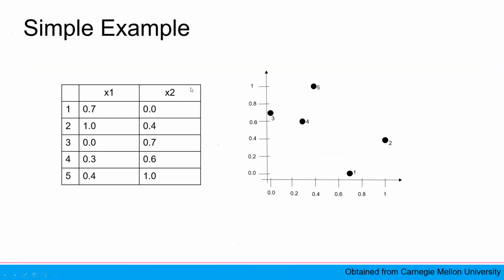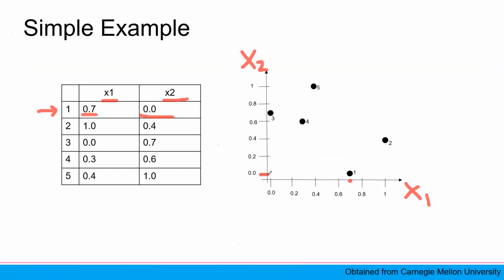I have this data, X1 and X2. Data number 1 is where X1 is 0.7 and X2 is 0.